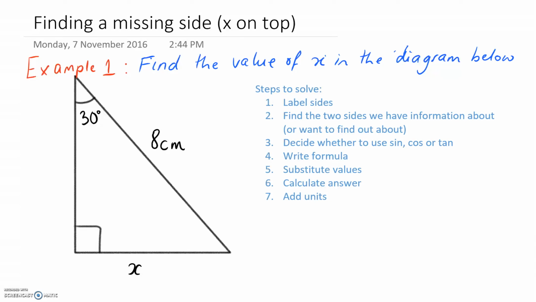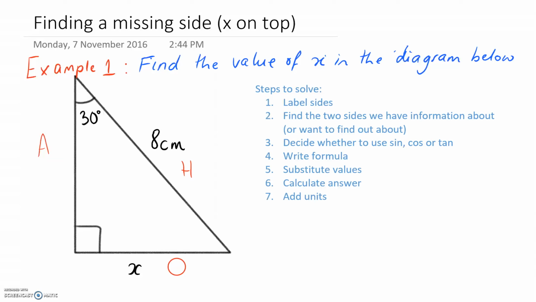I'm going to use red, and we need to start with the angle that we're looking at, which is this one. Opposite that angle is the opposite side. So we'll put a big O there. The longest side is the hypotenuse, and the side that's next to the angle is called the adjacent side.